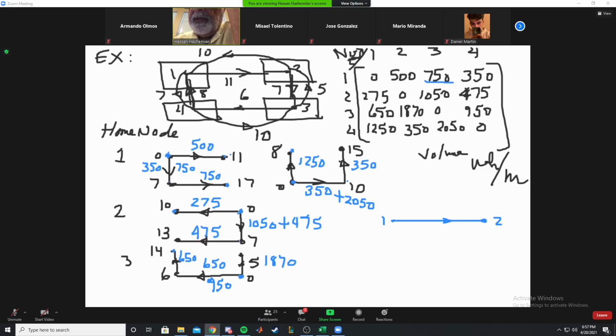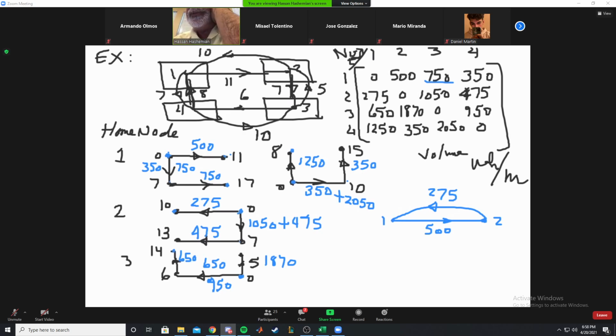There's nothing on the third node, nothing on the fourth node. So there's only 500. So I'll put 500 here. Now going from 2 to 1, 500 is the opposite direction. 275 is there from 2 to 1. Nothing on the node number 3 and 4. So 275. Everybody get that?